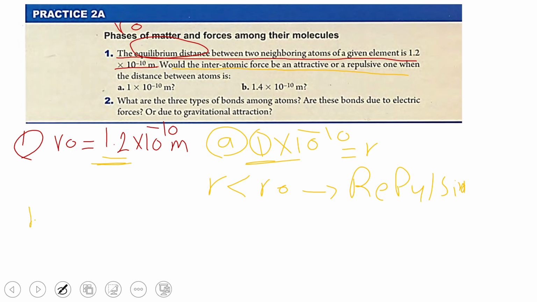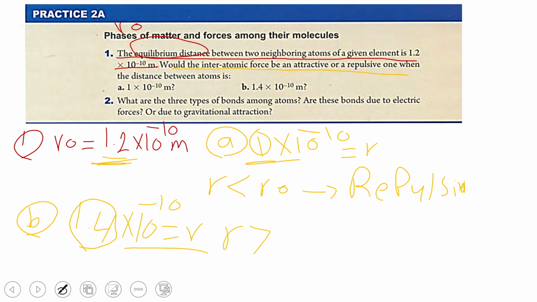Part B, we have 1.4 times 10 power negative 10. This r, again, compared to the original one. This r is 1.4. Is it smaller or greater? Look, it's clear, guys. You have 1.4, but this is 1.2. So the 1.4 is bigger than 1.2.